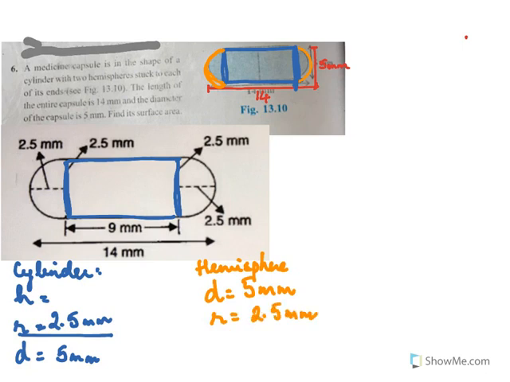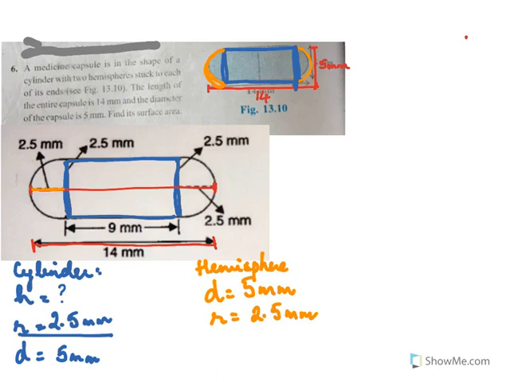Now what is important is to find out the height of the cylinder. To find out the height of the cylinder, we do it like the earlier sum. This total length is given as 14 mm. Now this 14 mm, right from this end to this end, is divided into three parts.